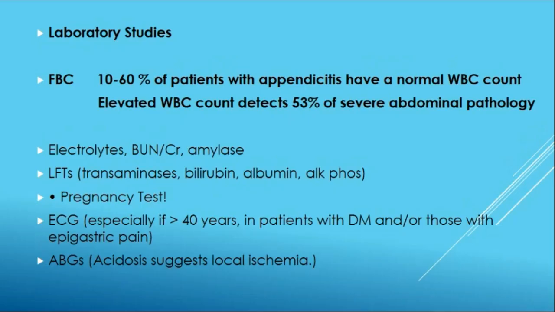Don't think that it's an infection, because in pancreatitis your white cell count will be high. That is not due to infection, that's due to severe inflammation, right? If somebody has a high white cell count, inflammation is there. Whether that inflammation is infection is a different story.